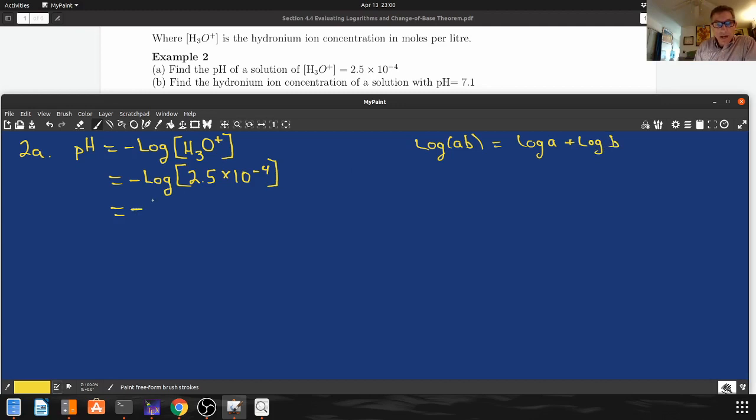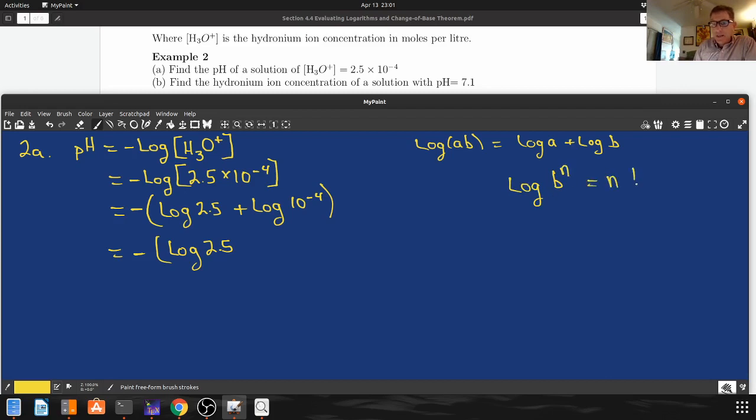So this is going to be minus the base 10 log of 2.5 plus the base 10 log of 10 to the minus 4, which is equal to minus the base 10 log of 2.5, and now I'm going to use the property that the log of some b to the nth power at any base is equal to n times log b.